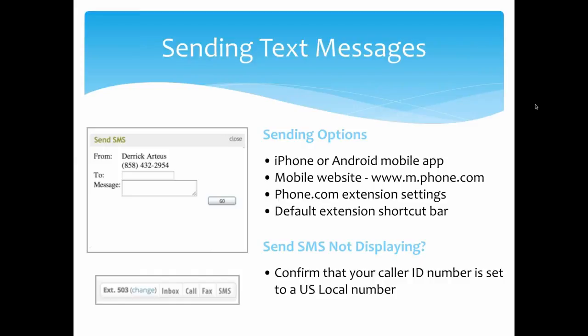You can also send it from the mobile website at m.phone.com directly on your cell phone if one of those 2 apps doesn't work out for you. The 2 that I'm going to be talking about is sending an SMS from your extension settings and also taking a shortcut with the default extension shortcut bar, which is available in your account. So let's jump into the interface now and we can check this out.